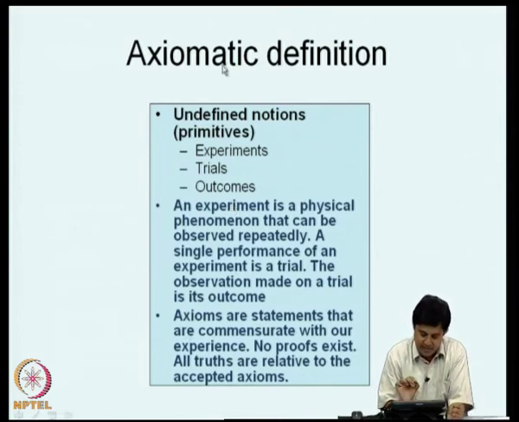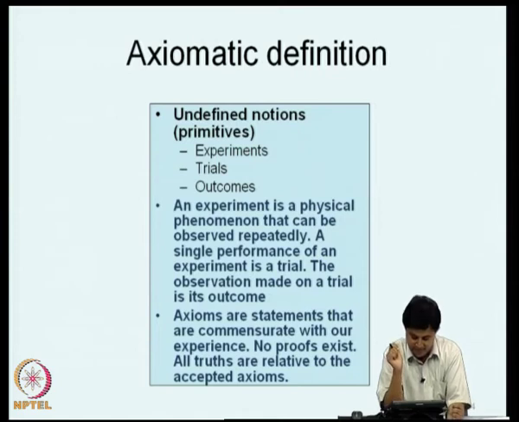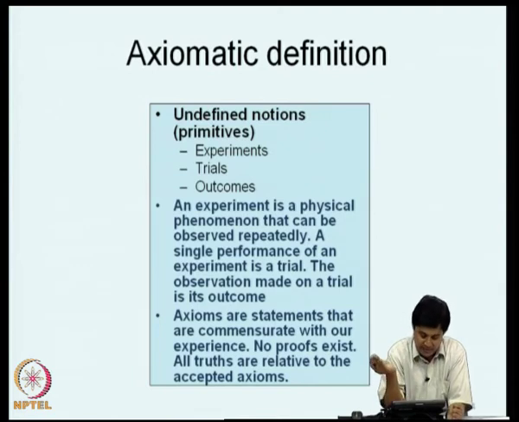The axioms are statements that are commensurate with our experience of the physical world, and there are no proofs for the axioms. So, all truths that we derive based on these axioms are relative to these accepted axioms. If in the course of using this theory you come across situations where these axioms are violated, you have to start afresh with a new theory.